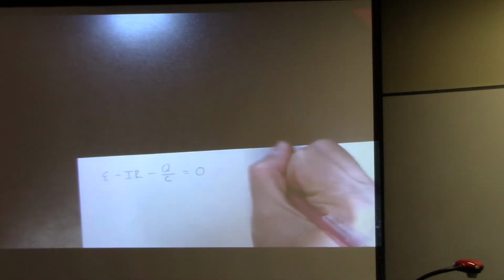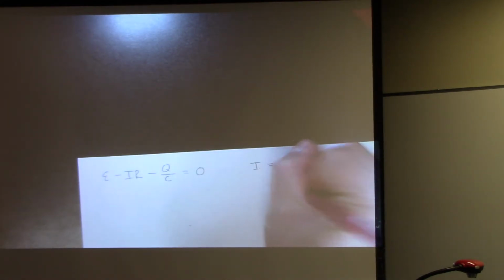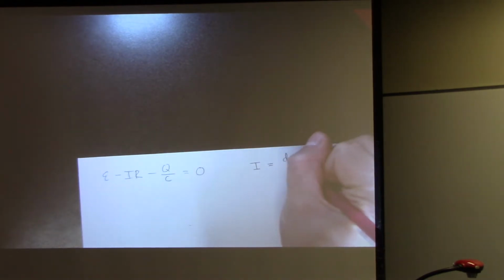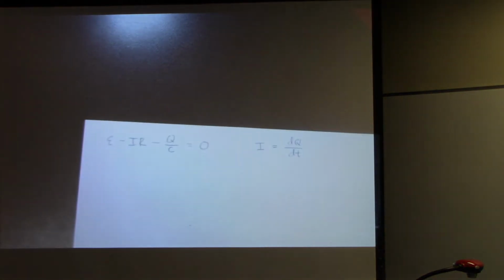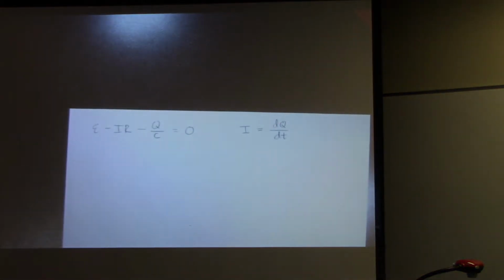If you recall, it's given by this. The current is equal to dq divided by dt. So in other words, we can think of the current as the time rate of change of the charge on the capacitor, which means we don't actually have two different variables, we just have one, which is q.